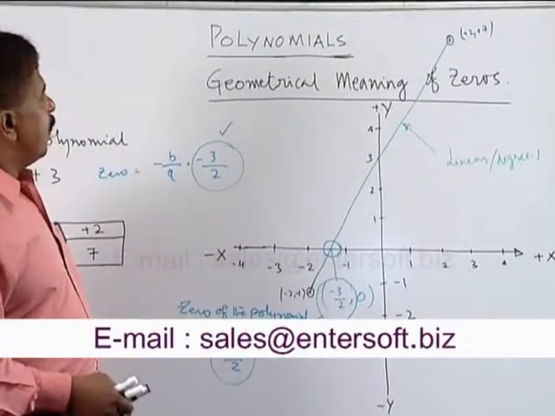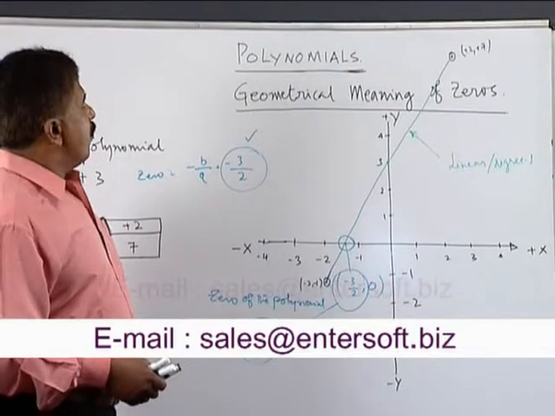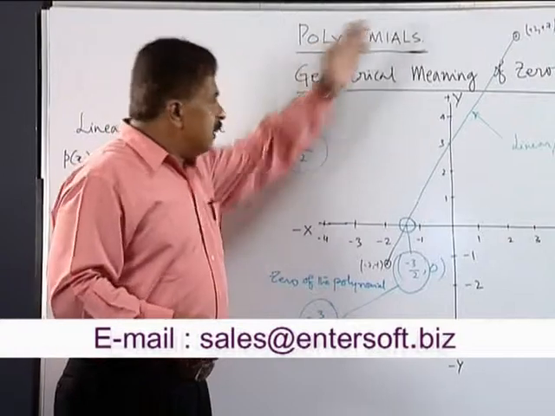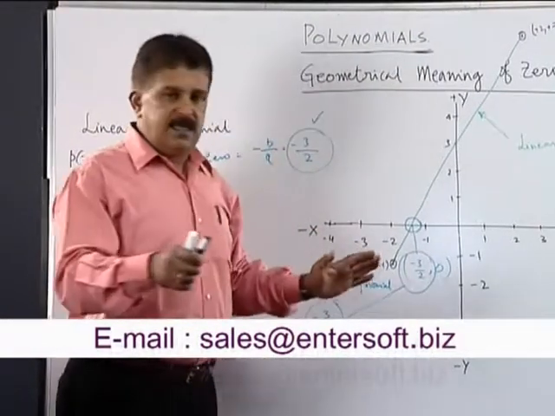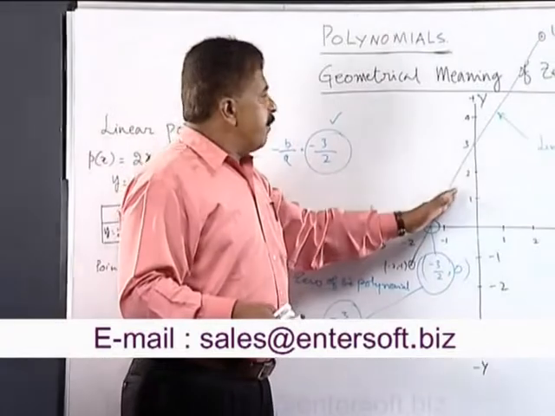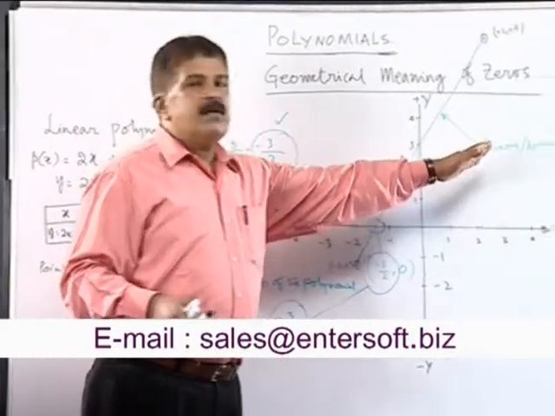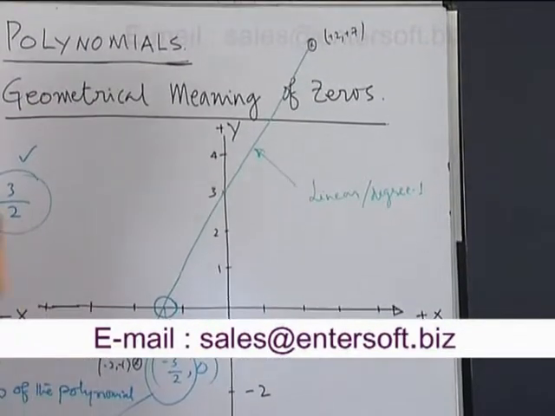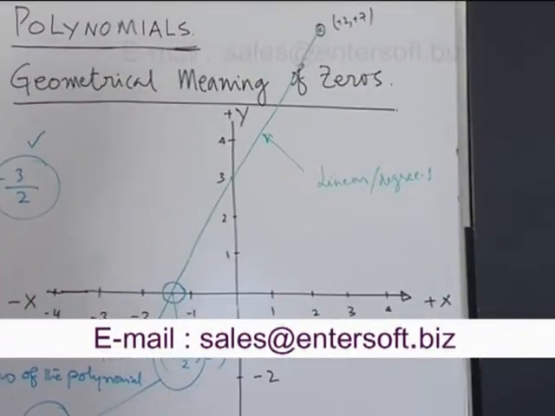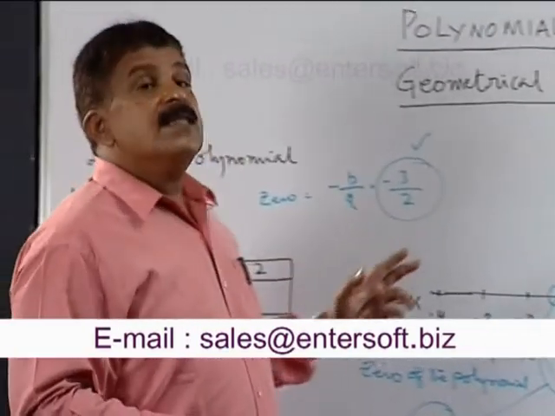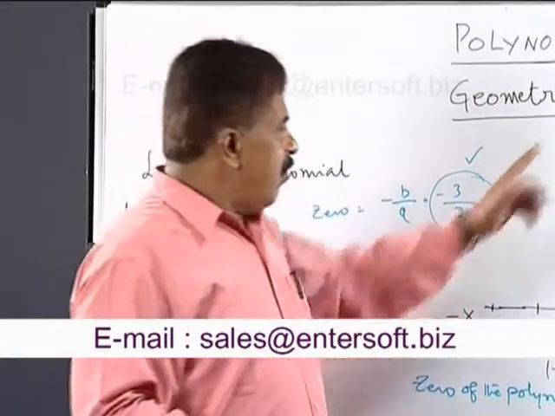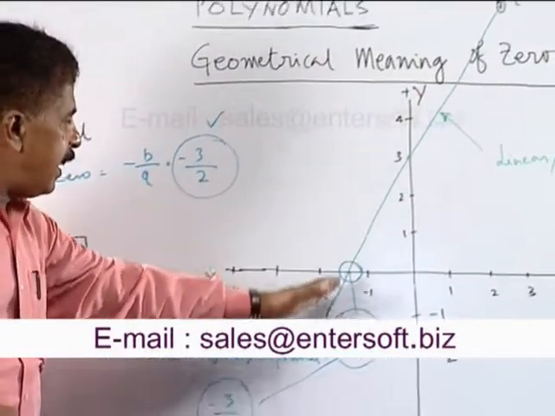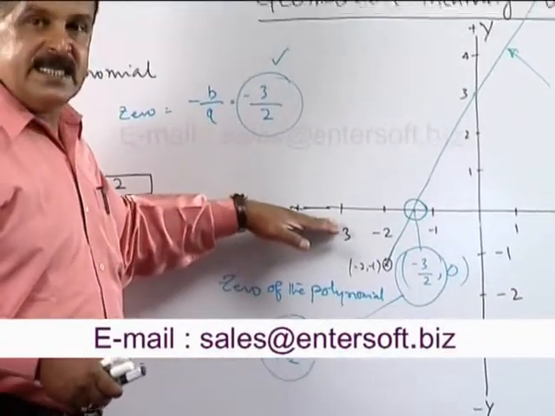Okay, so you can always cross verify, and whenever somebody gives you, for example, let us say this particular graph and asks, what type of polynomial does this curve represent? Because it is a straight line, the first answer that you are supposed to give is that this represents a linear or degree 1 polynomial. Now the second question they may ask is, from the graph find the 0 of the polynomial. Find out where this particular line is intersecting the x-axis, right?